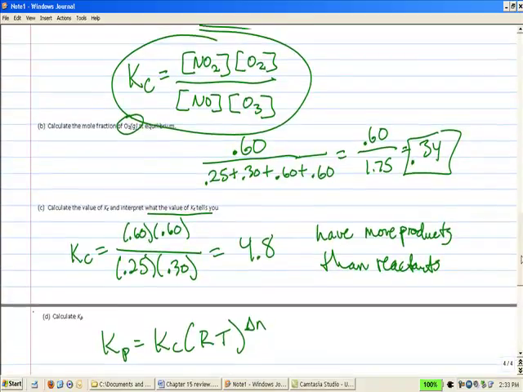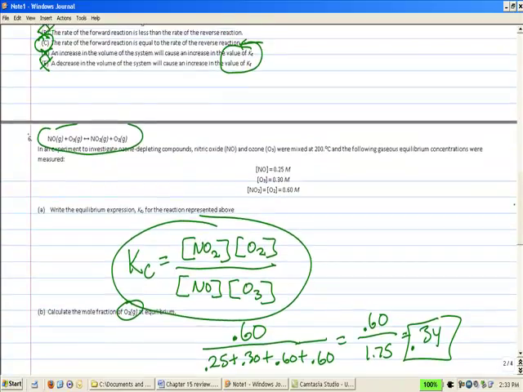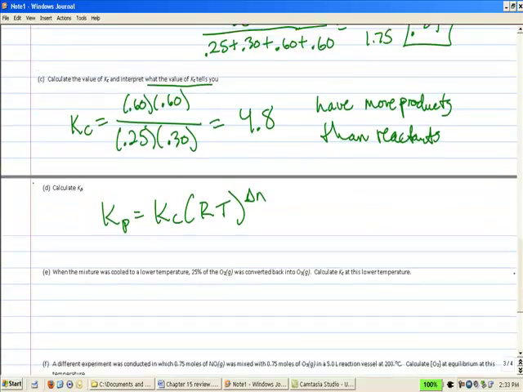So if we look at our original equation, how many moles of gaseous product do we have? 1 mole here, 1 mole here. So we have 2 moles of gaseous product. Same thing over here, 2 moles of gaseous reactant. 2 minus 2 is 0. So this change in n is equal to 0.